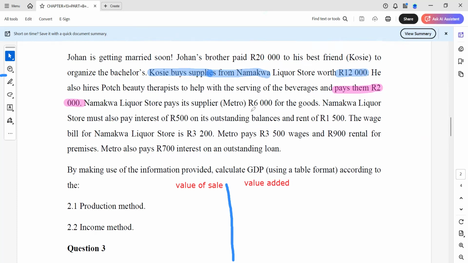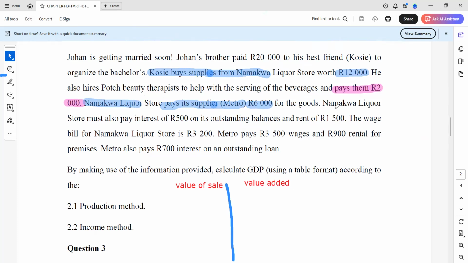So obviously this is going under the production method, right? Because why would you pay your supplier unless you are buying goods and services, like unless you're buying trading stock, right? So here Namakwa Liquor paid its supplier, which is Metro, 6,000. They're even telling us for goods. So this was the purchase of goods, right?